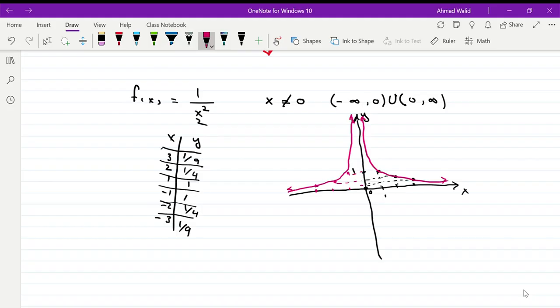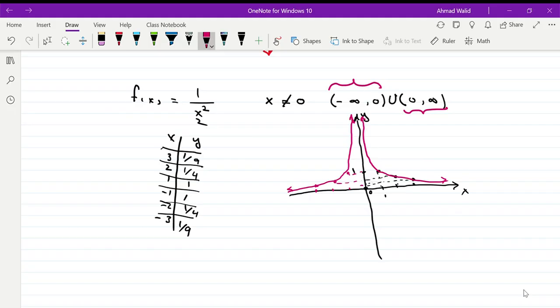In both examples, you should recognize that based on the domain of the functions, you can understand how many pieces your graph actually has. Look, from negative infinity to 0, one piece of the graph, then from 0 to infinity, another piece of the graph.